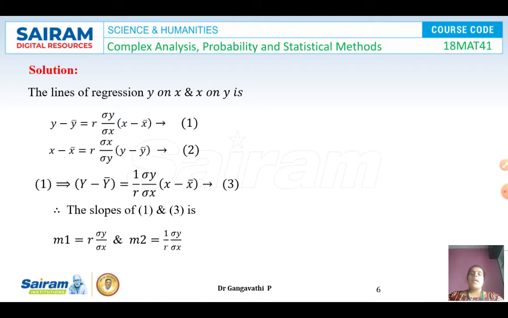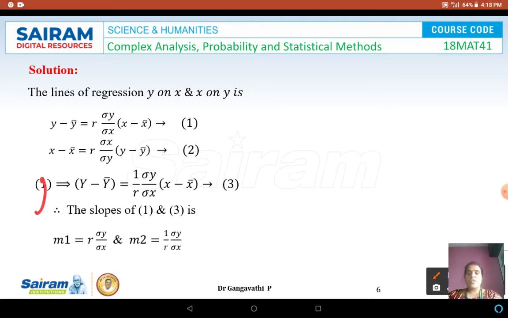So now let us consider equation 2. From equation 2, we can write y minus y bar by transferring r and sigma x by sigma y to this side.